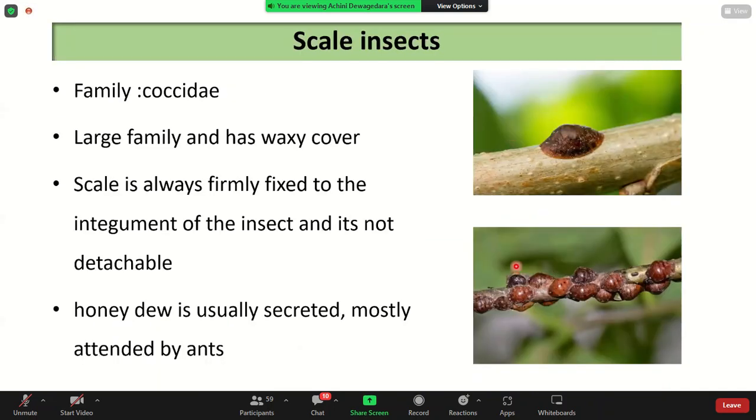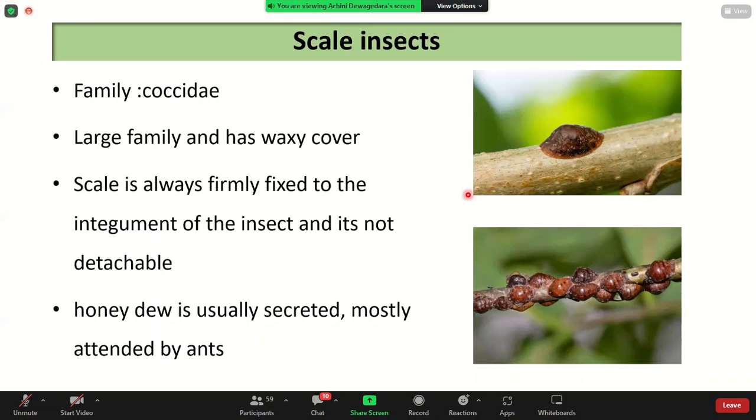And this one, of course, I think you have seen them, scale insects. They have a very hard waxy cover, and they are tightly attached to the plant tissue, maybe the stem or other parts.